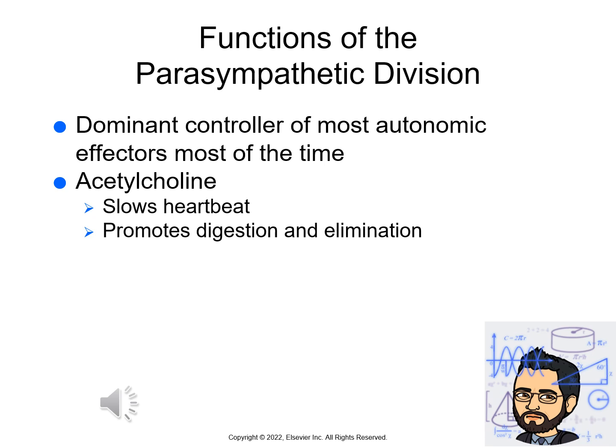So it just goes back to a normal level. For sweat glands, the parasympathetic division doesn't really have a big effect. It doesn't have an inhibitory effect. You just slow down sweating because of the sympathetic system.